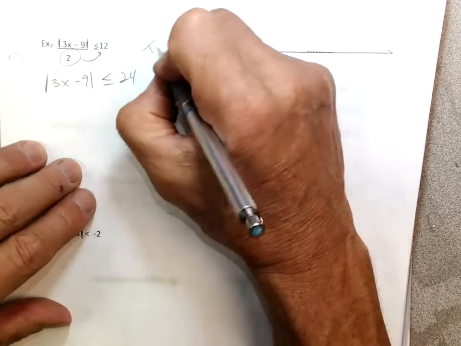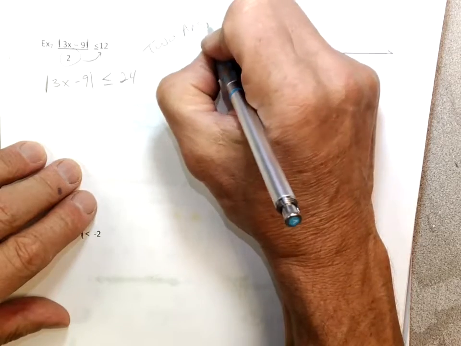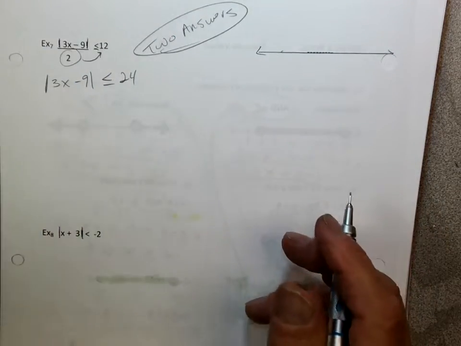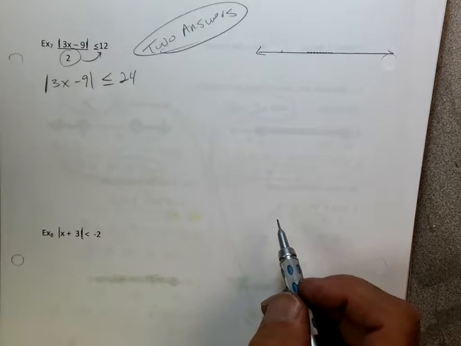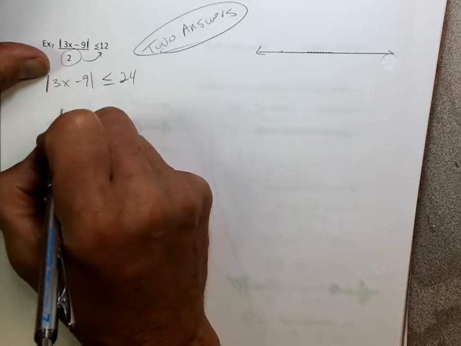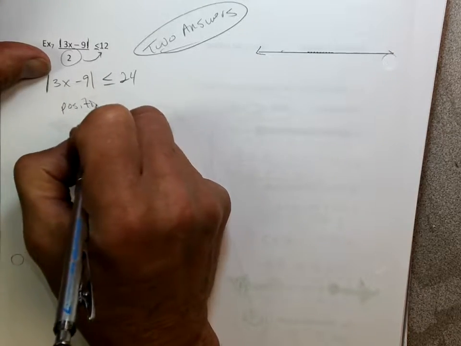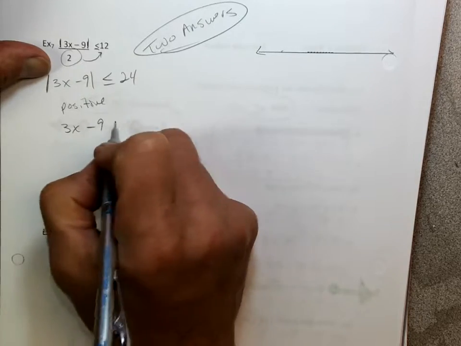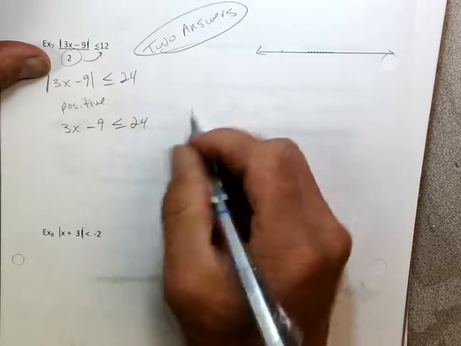Okay, now, 2 answers. Has to be 2 answers. So the way I write it, I write the positive part, and then I write the negative part. So the positive part is going to be my 3x minus 9, less than or equal to 24.